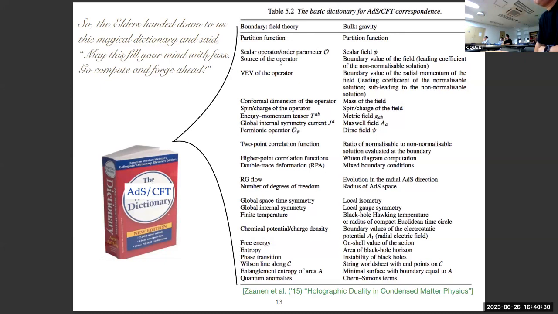Now, combining that with the common lore, the usual idea that AdS/CFT is a weak-strong duality, wherein usually we consider the quantum field theory side to be strongly coupled and the gravity side to be weakly coupled, meaning weakly curved. Then this picture of mapping one partition function to another should seem very mysterious.